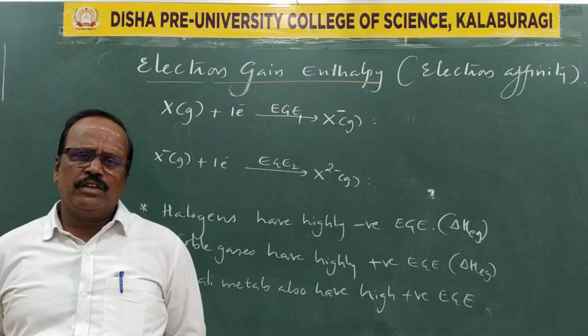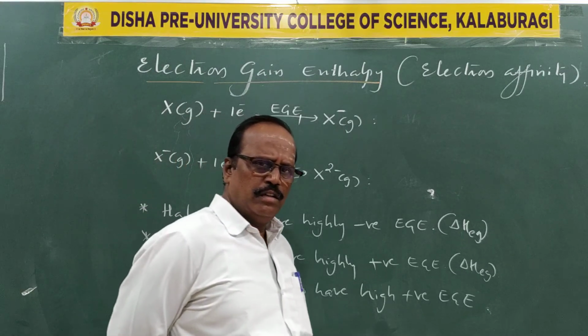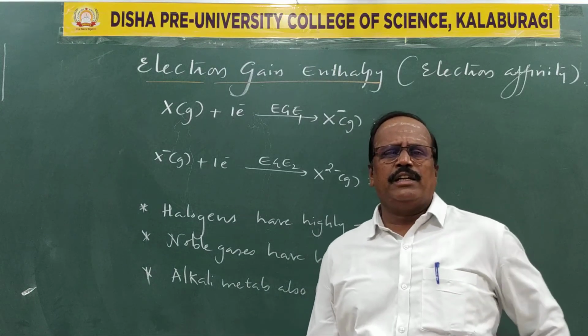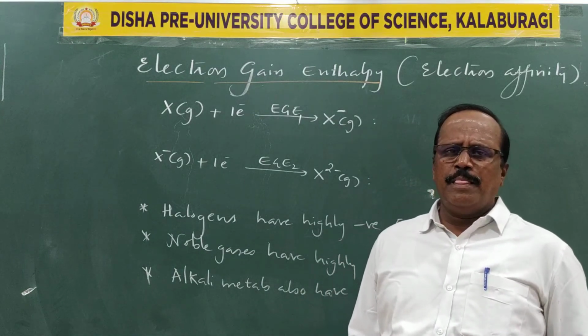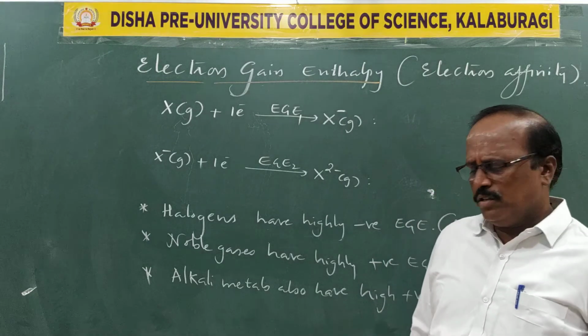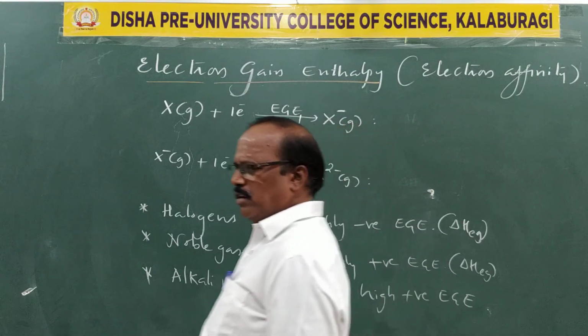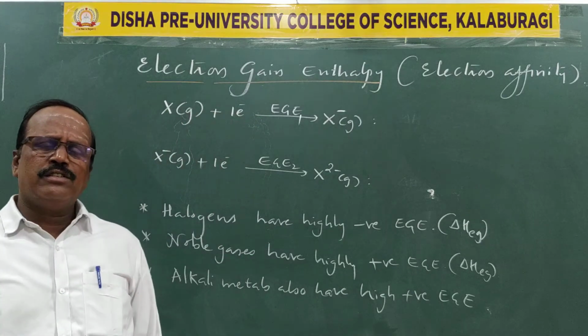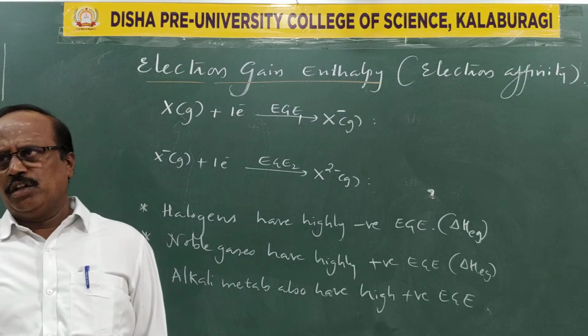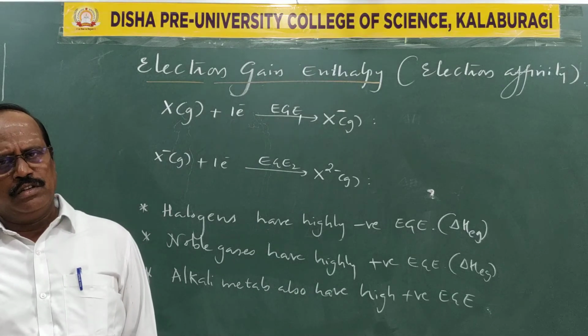Especially, this electron gain enthalpy gives significance about the non-metallic character, so we have taken it. And always the first electron gain enthalpy is exothermic, negative, whereas the second and third are found to be endothermic, they are positive in nature.